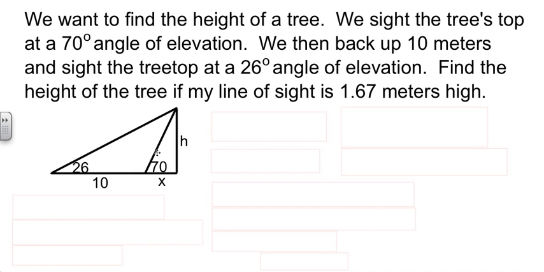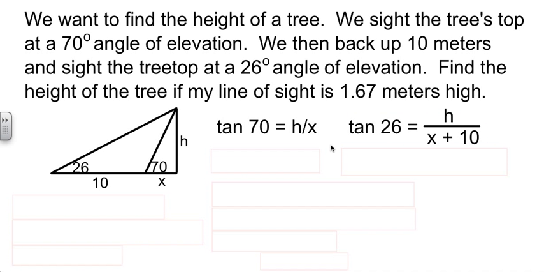From the 70-degree angle, the opposite side is h, the adjacent side is x, so tangent of 70 equals h over x. From the 26-degree angle, the opposite is still h, the adjacent is x plus 10, so I can write another equation.